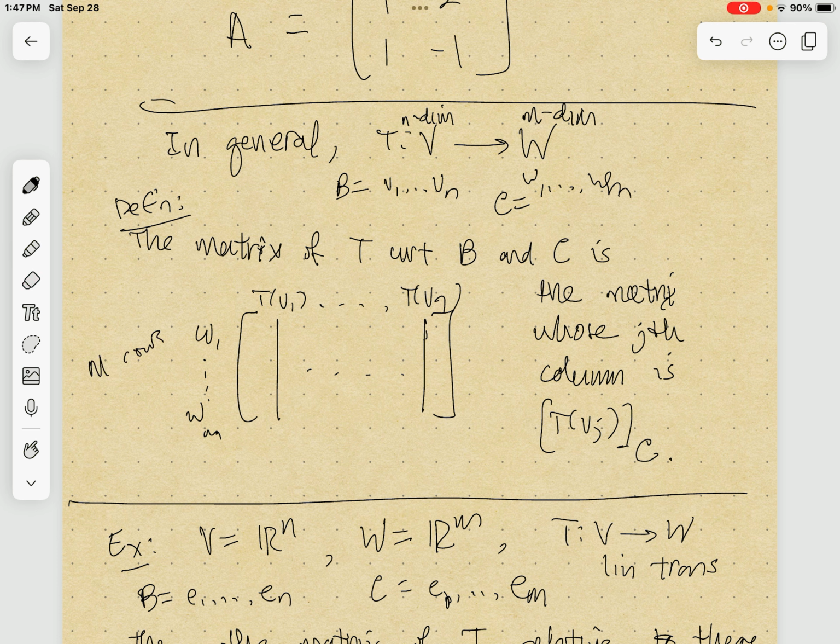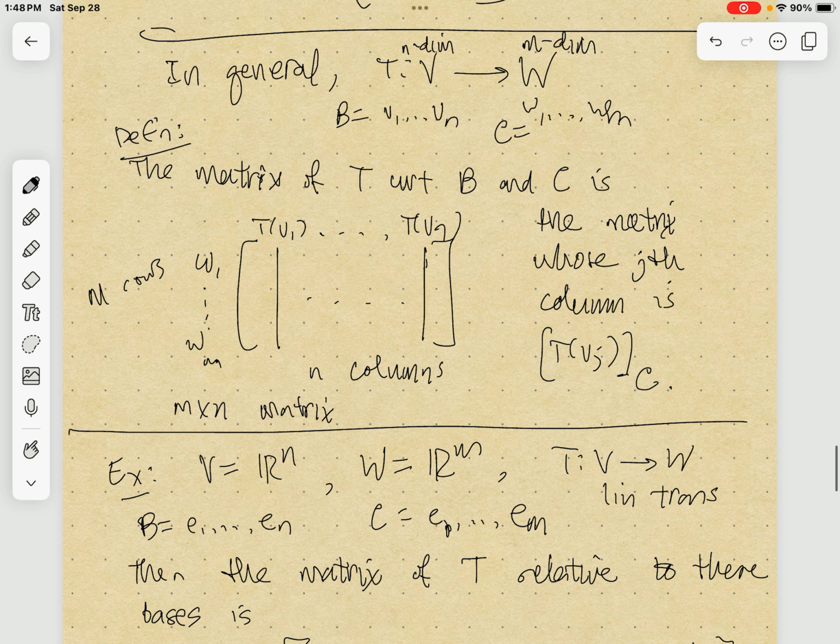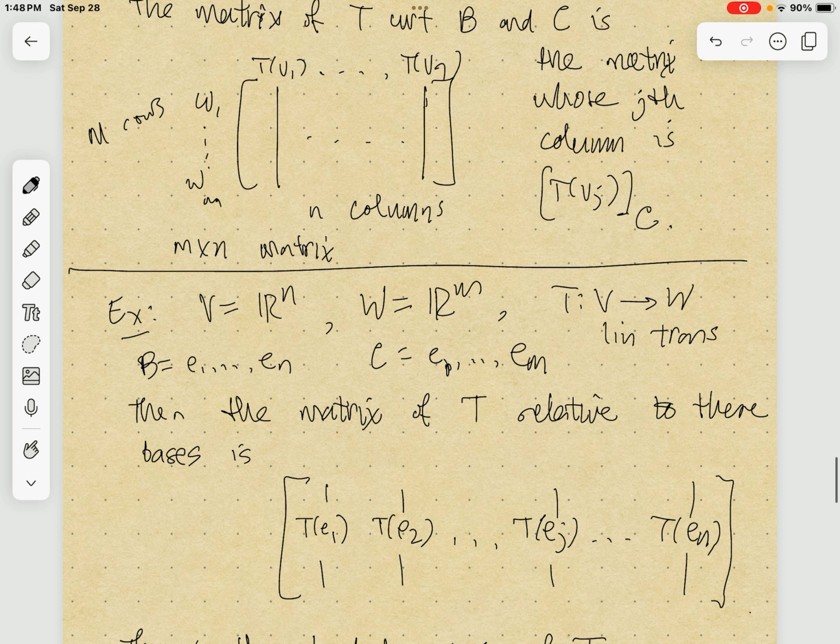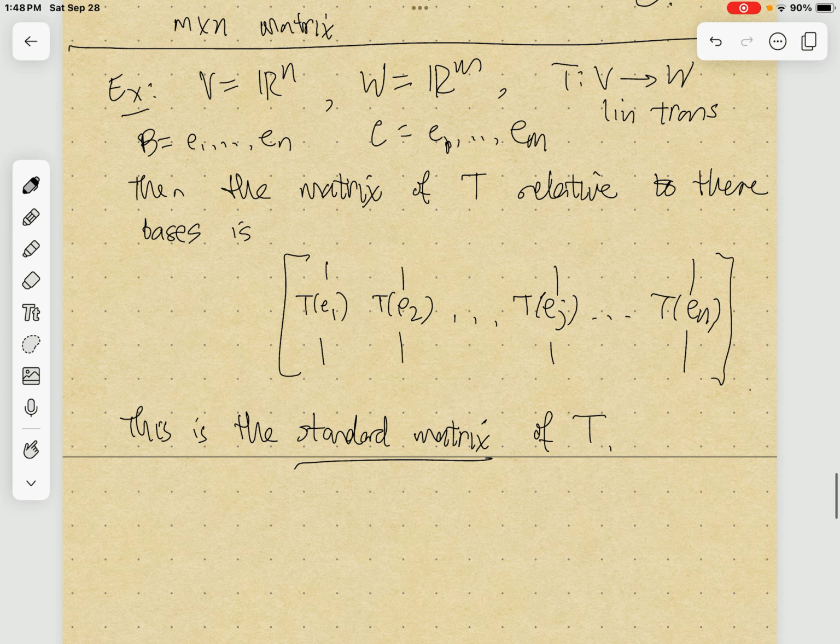It has m rows, and it has n columns. So this is an m by n matrix, the matrix of T relative to these bases. And yeah, that pretty much explains all there is to explain about the standard matrix, or just the matrix of T relative to the bases.